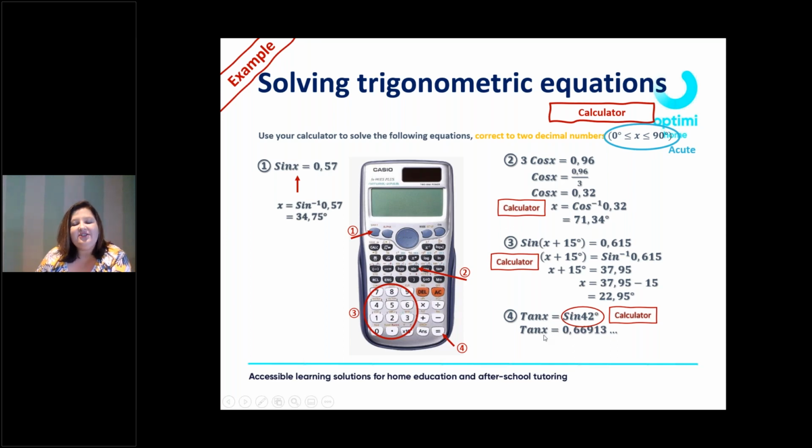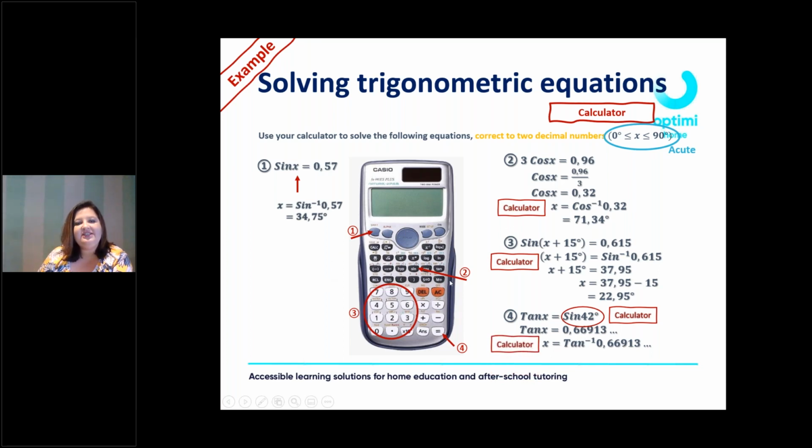I need to write it in a form that I can calculate x. So x is equal to tan to the power -1, and my value that I get over there, just as you have done now. You're going to use your calculator again.